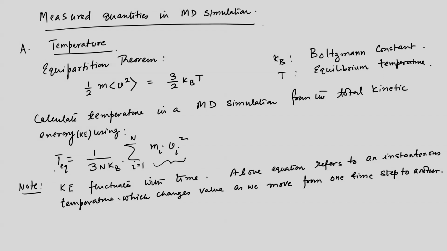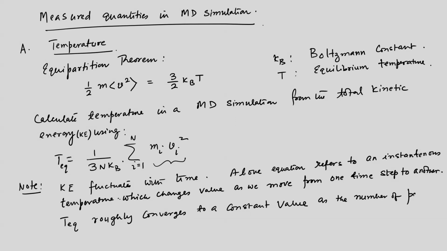Okay. Whereas T equilibrium roughly converges to a constant value as the number of particles N becomes very large, because fluctuations in a statistical problem go as 1 by root N, and these fluctuations actually vanish.